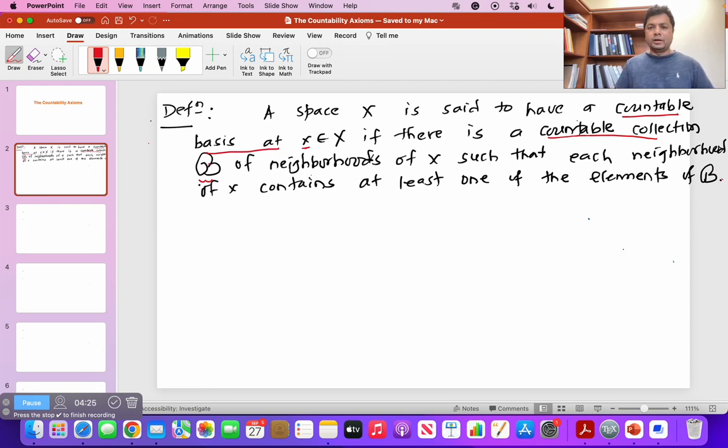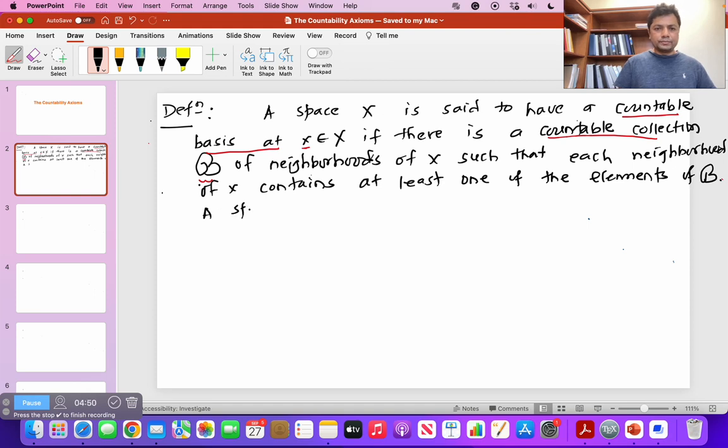And if the topological space X has a countable basis at each point of this topological space X, then X is said to be a first countable space, or it satisfies the first countability axiom.